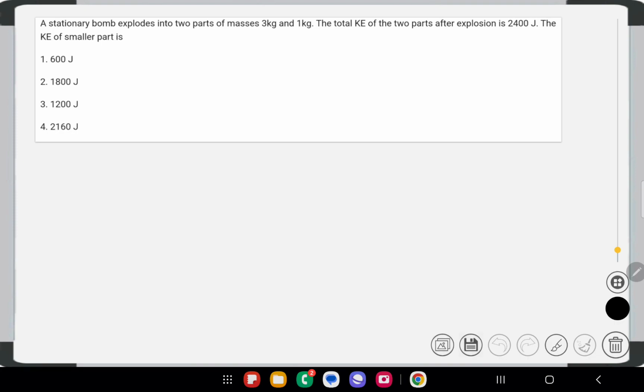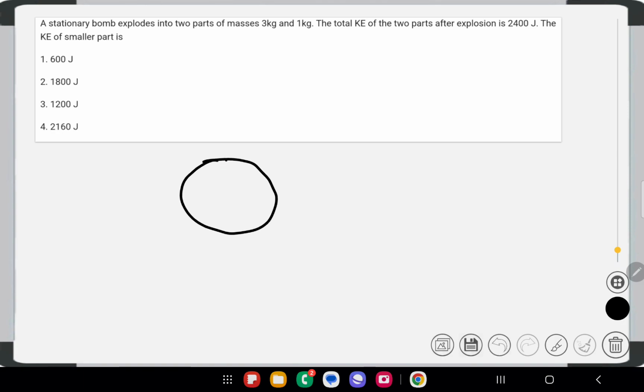This is the next question. A stationary bomb explodes into two parts of masses 3 kg and 1 kg. The total kinetic energy of the two parts after explosion is 2400 joule. The kinetic energy of the smaller part?